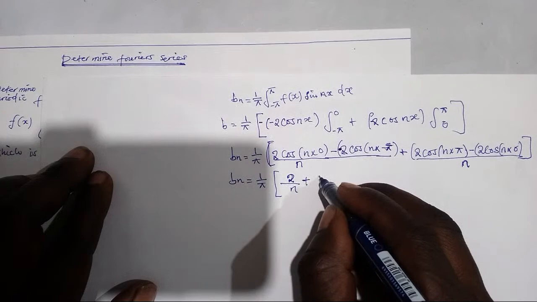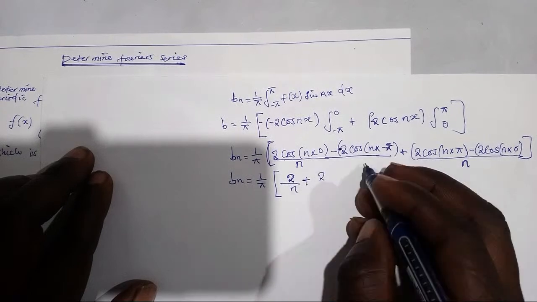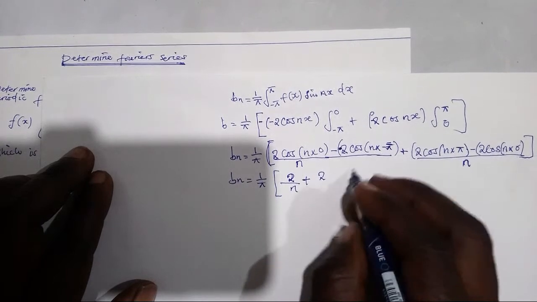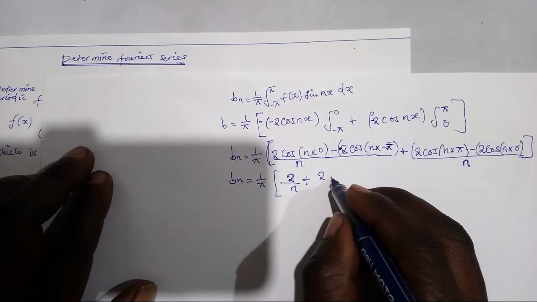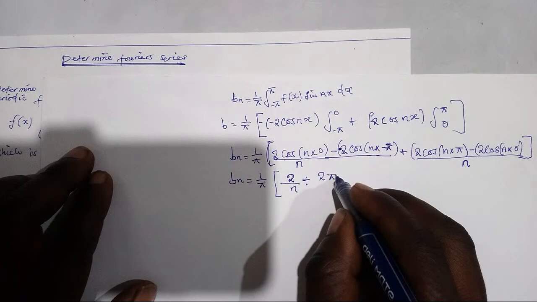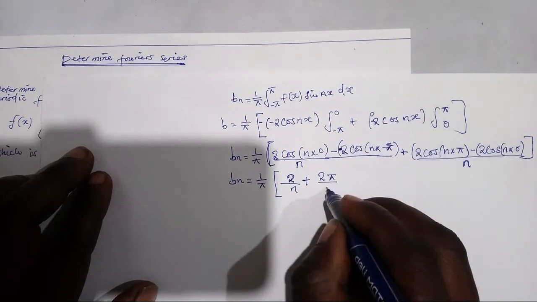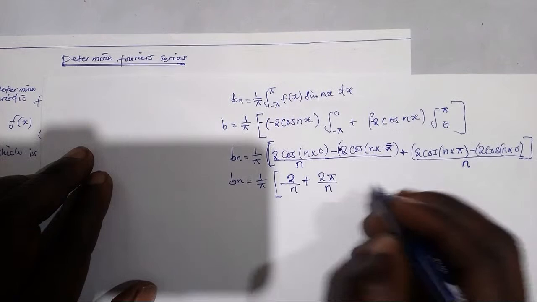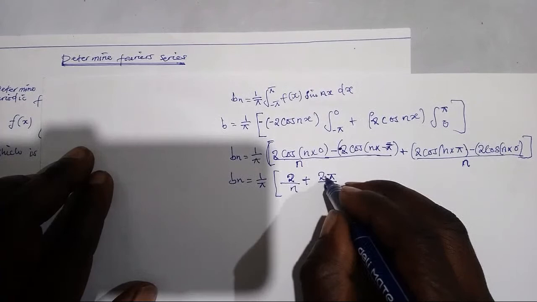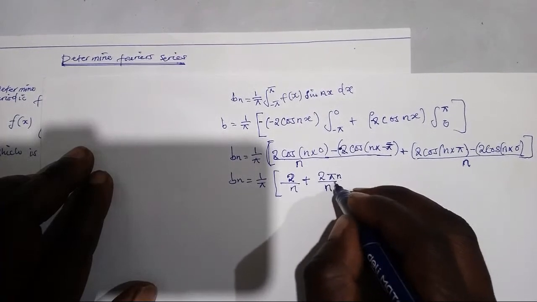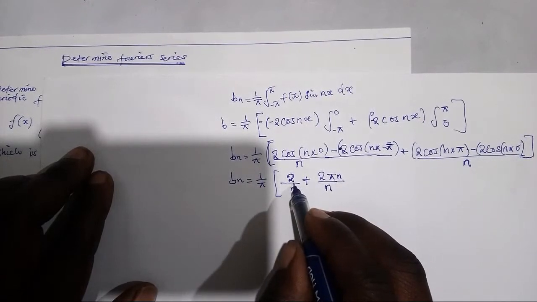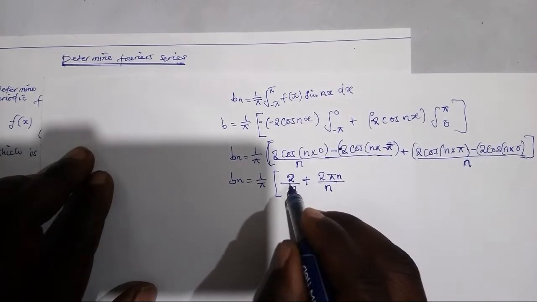So we have 2 pi over n. Then here we have pi n.